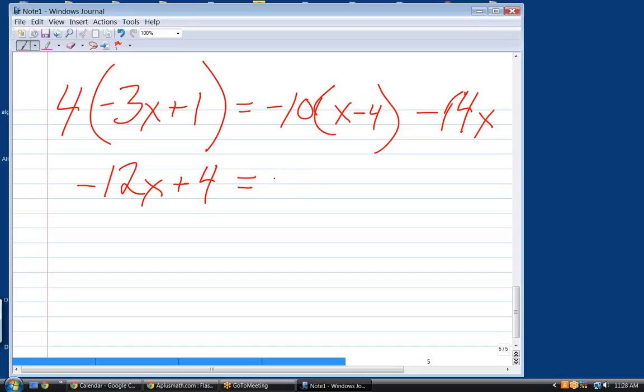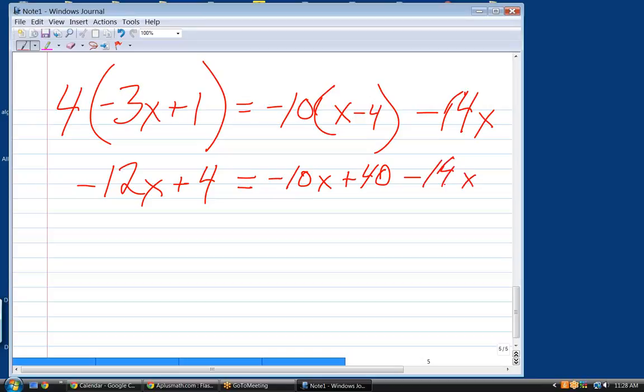Equals minus 10x minus. Remember, we're multiplying. We have a minus times a minus. Plus 40. And we still have this minus 14x over there.